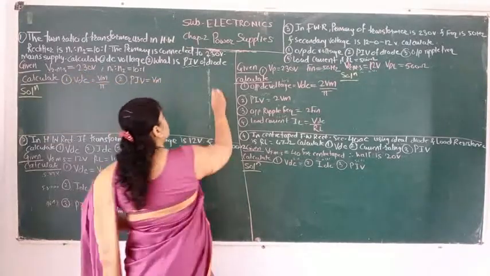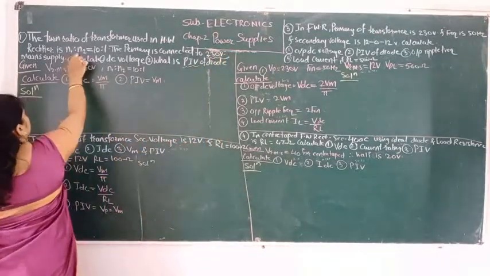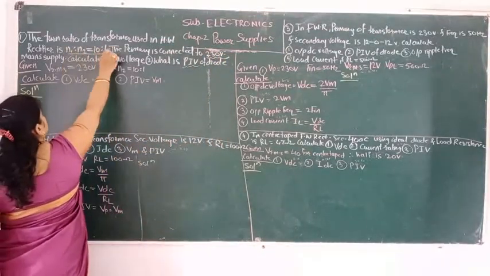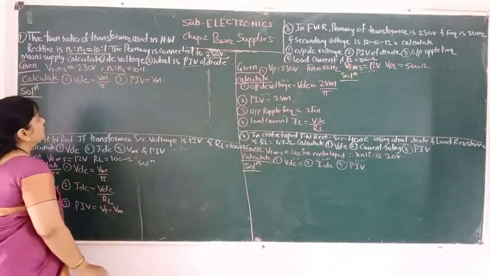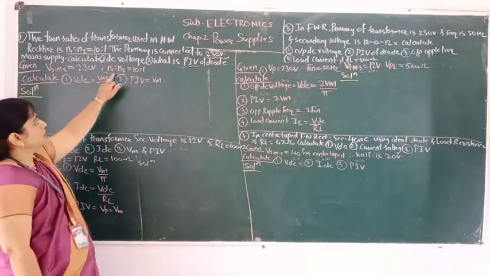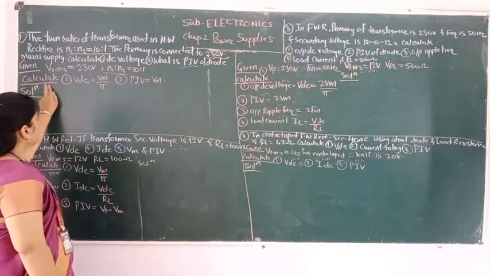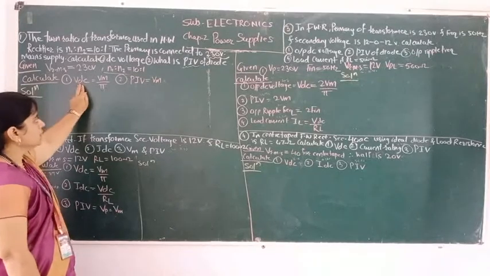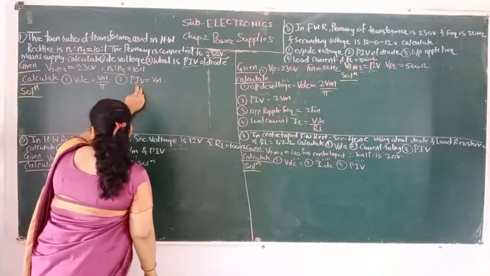That is given here. Then the ratio of N1 and N2, the primary voltage and secondary voltage. So what we have to calculate is the VDC and the PIV, or the peak inverse voltage.